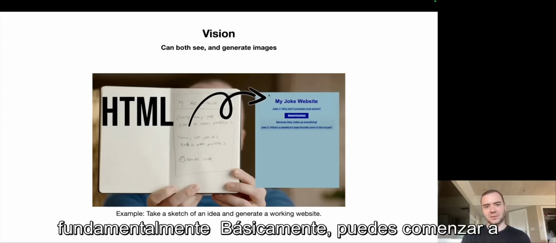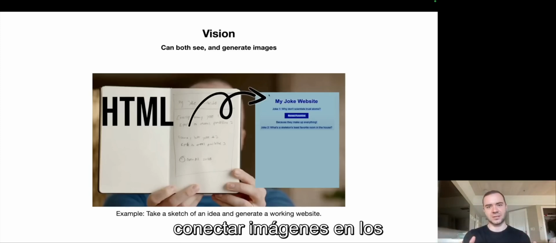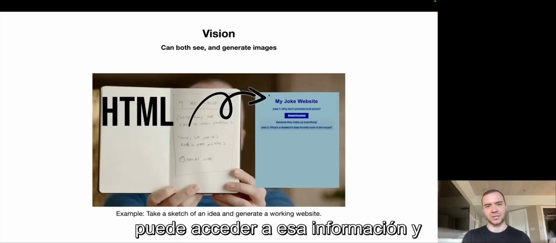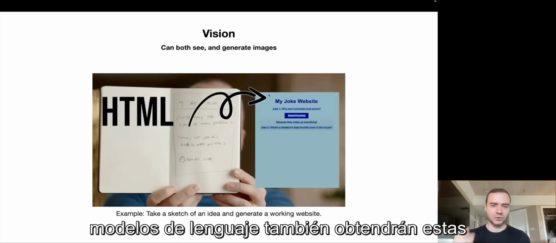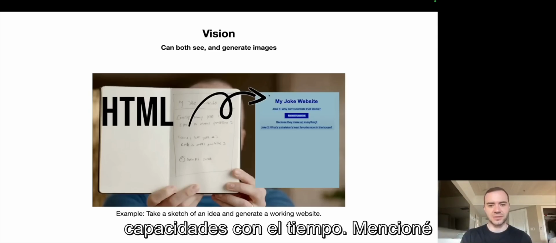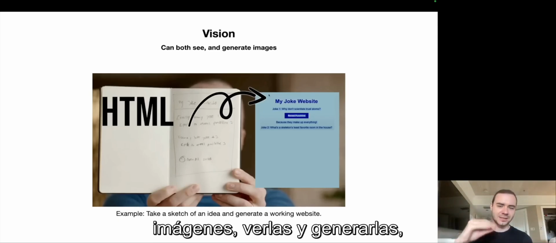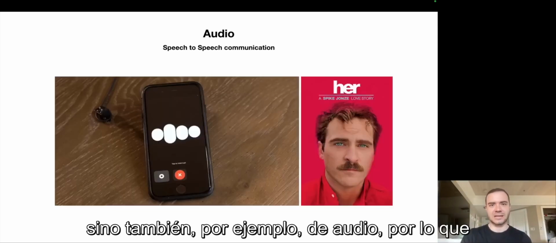Fundamentally, you can start plugging images into the language models alongside text. ChatGPT is able to access that information and utilize it. And a lot more language models are also going to gain these capabilities over time. Now, I mentioned that the major axis here is multimodality. So it's not just about images, seeing them and generating them, but also, for example, about audio.